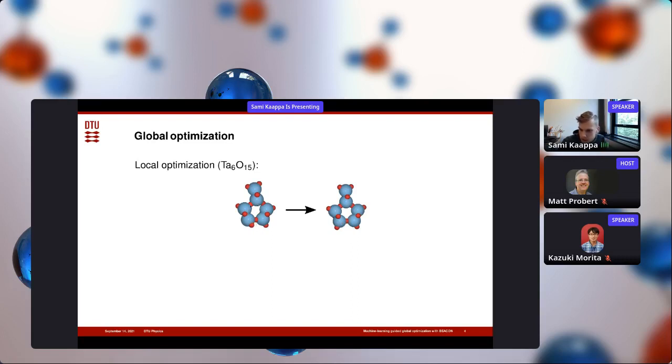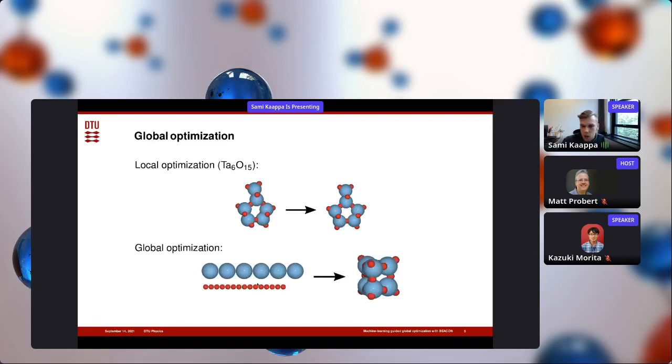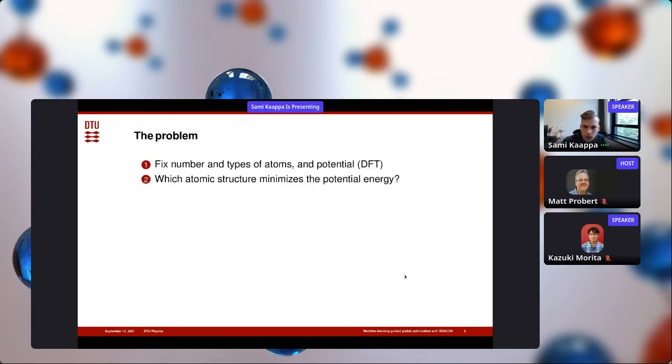So you just basically relax the structure so that the bond lengths and angles are optimal. Whereas in global optimization, you basically don't know where you want to end up. And so you have to start in a somewhat unbiased configuration. And this is what we found in our paper for this system.